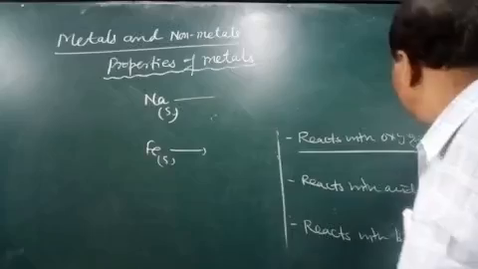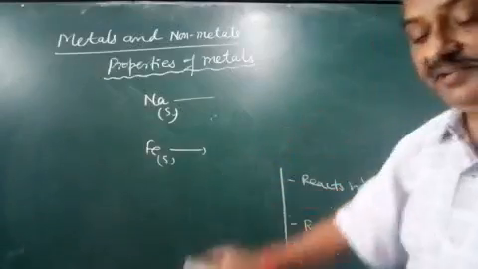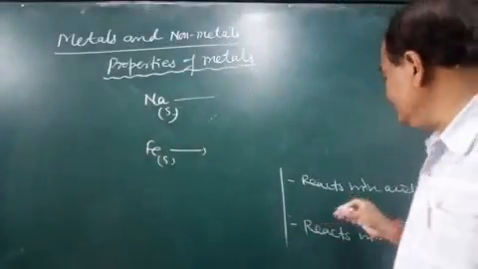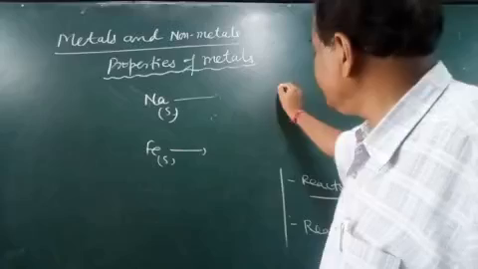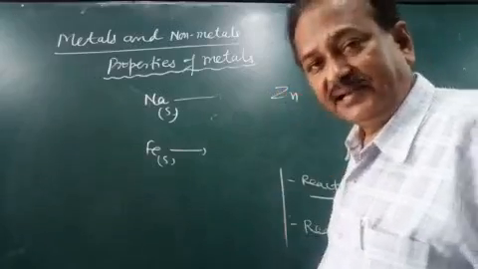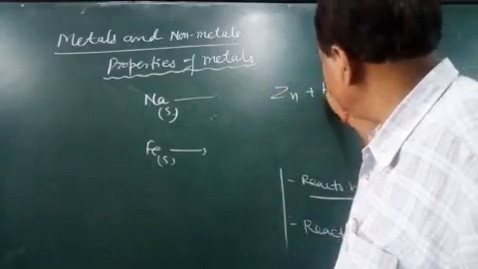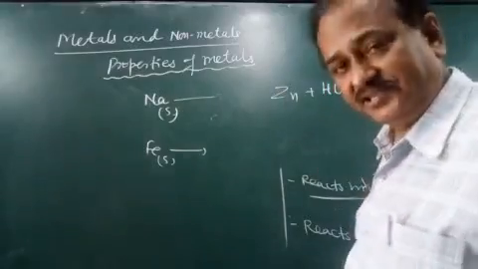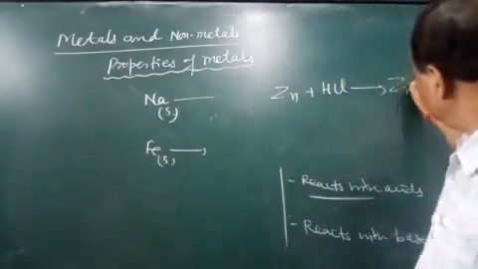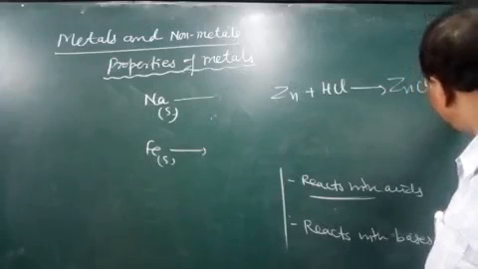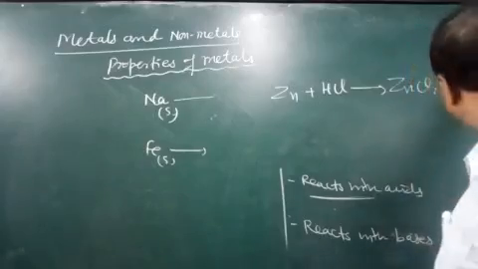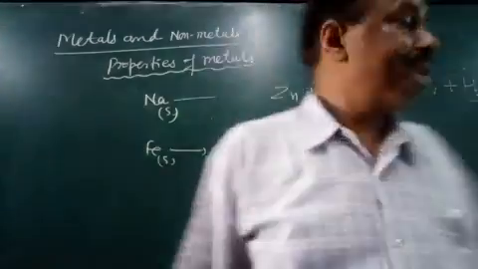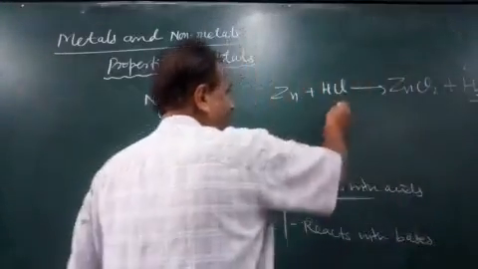Now next is reaction with acids. They react with acids. Like if you take zinc metal and react it with hydrochloric acid, there is formation of zinc chloride and hydrogen gas. Hydrogen gas is released. This is hydrochloric acid.